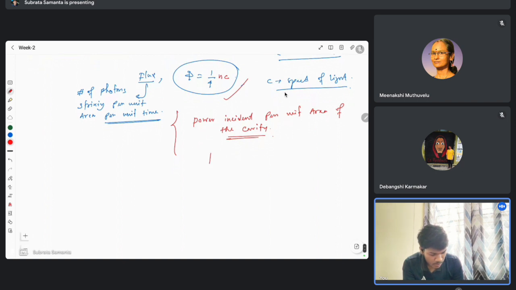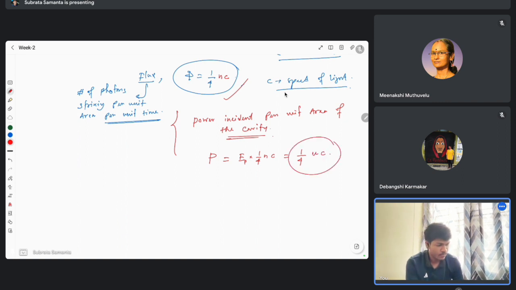This is the power P, so this is not a pressure. Okay? Capital P is power. So we multiply with the energy of the photon E_p times 1/4 n c. Now n times E_p is equal to the energy density u. So power is 1/4 u c. And this relation is important.